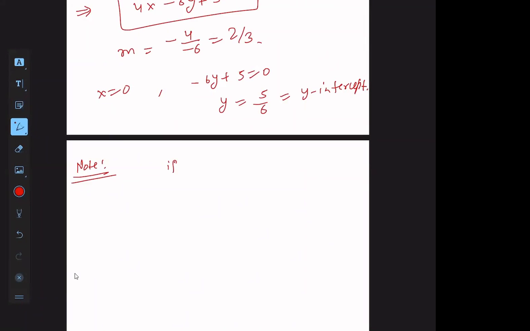If there are two equations, alpha 1 bar z plus alpha 1 z bar plus beta 1 equal to 0, and another one is this.